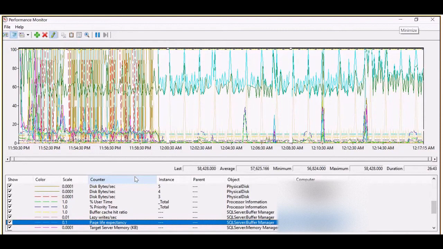But that's our bottom, and if it's at least 300, you're okay. I don't mean for the high; that should be the lowest it would ever go.